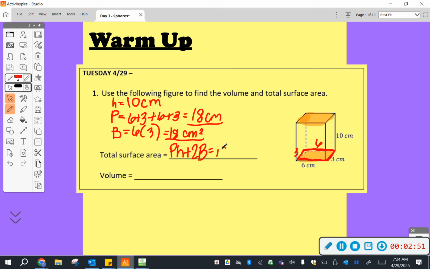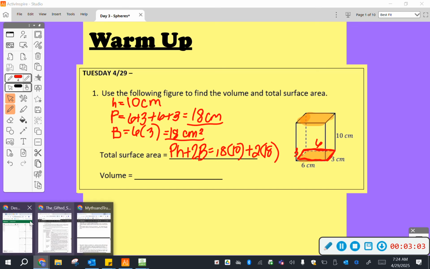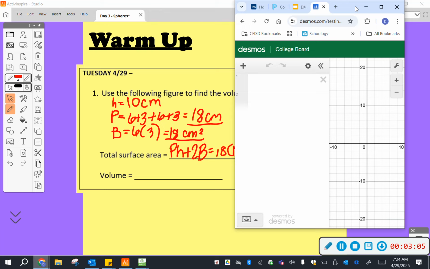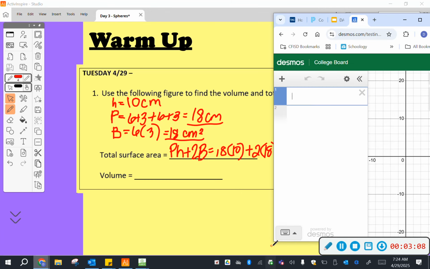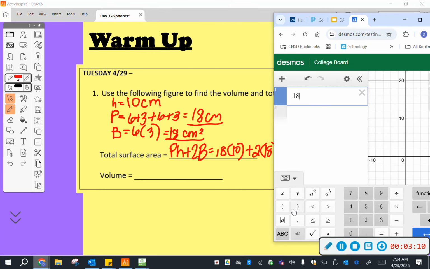So P is 18, H is 10, plus 2, B is 18. Copy down the formula, plug it in, and then I would like you to give me the answer by putting that in Desmos. So 18 times 10 plus 2 times 18.